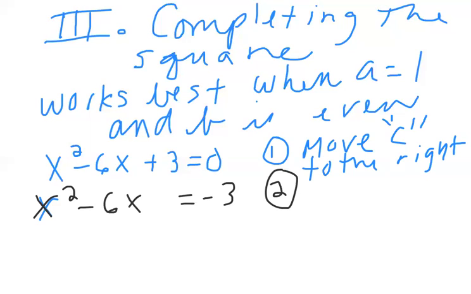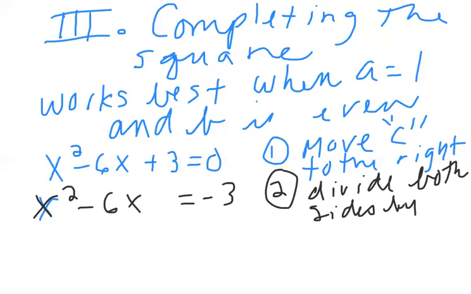It really doesn't matter. You want to divide both sides by the leading coefficient, in this case, the A value. But for this problem, the A value is 1, and if you divide everything by 1, you still have the same problem. So we're going to bypass number 2.